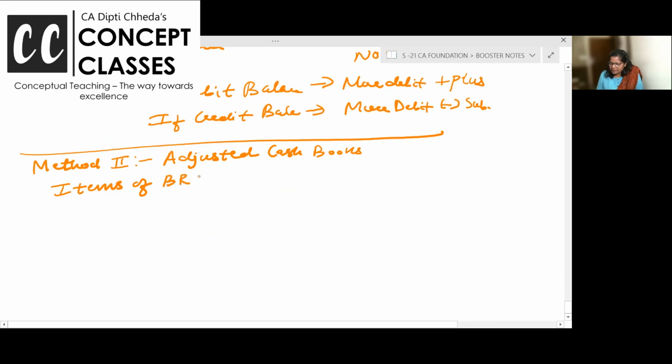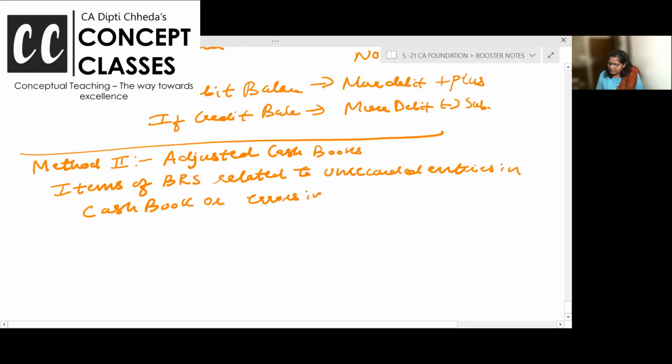Items of BRS related to unrecorded entries in cash book, or errors in cash book, are adjusted in cash book.